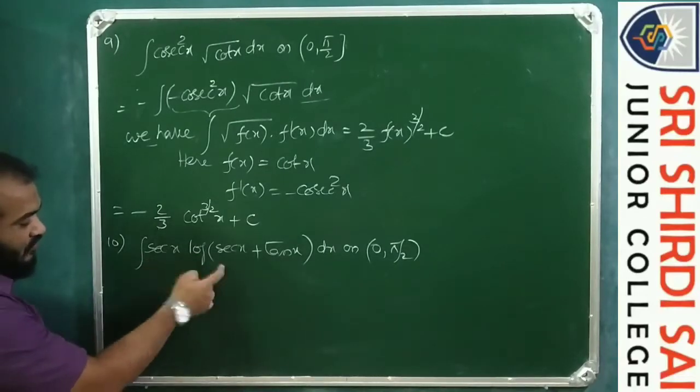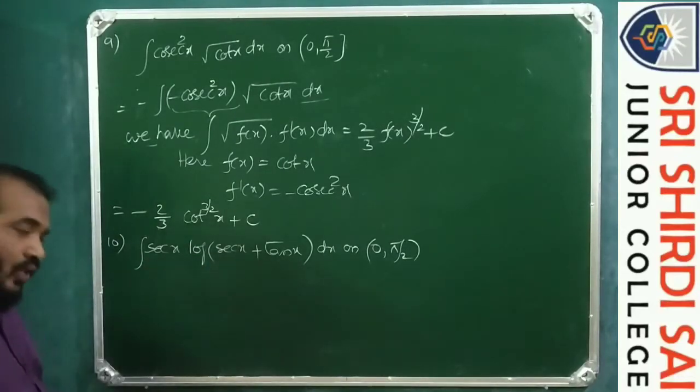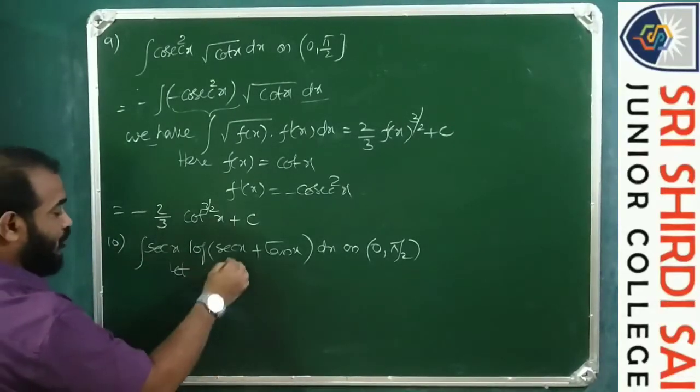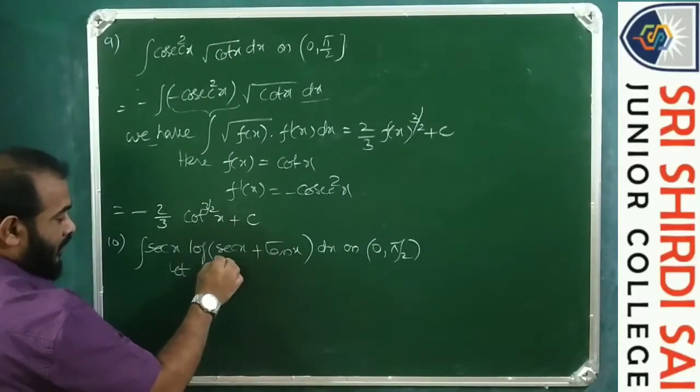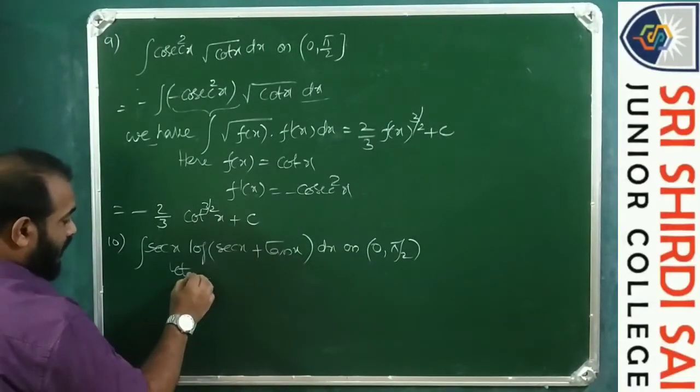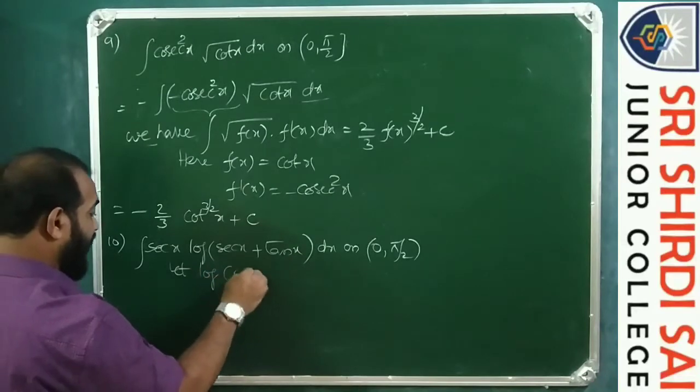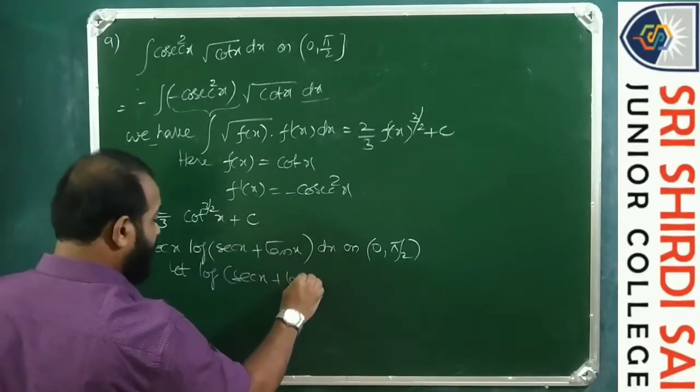But here this is not one of these two. So let us assume this to be t. Let log of secant x plus tan x be equal to t.